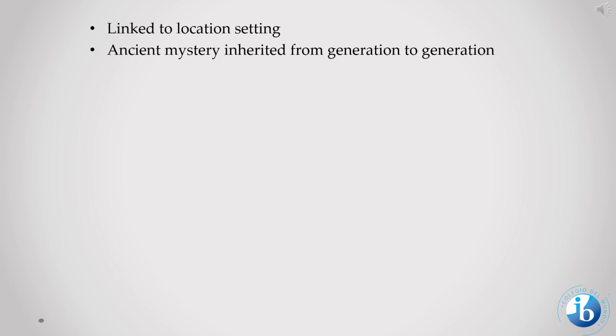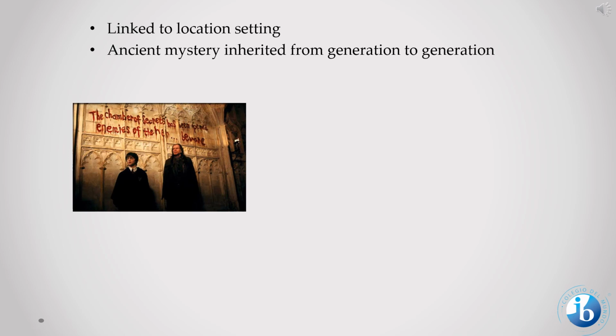Regarding fantastic elements, I can say that everything that's magic comes from the Chamber of Secrets, so it is strictly linked to the location setting. In both stories, it's about an ancient mystery that's inherited from generation to generation. In Harry's case, this Chamber of Secrets was created by one of the founders of Hogwarts, and it contains a dark mystery.